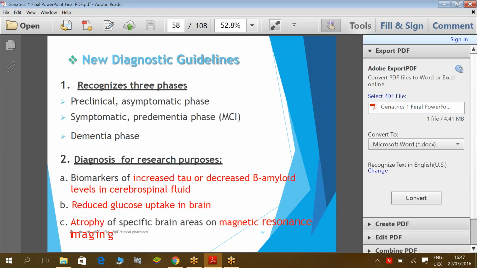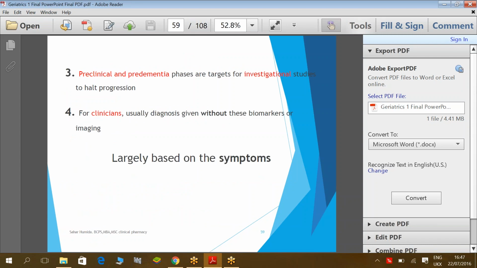This includes the biomarkers of increased tau and decreased beta amyloid level in the cerebrospinal fluid. What are these? These are diagnoses based on the protein content of the cerebrospinal fluid. There is another theory that dementia occurs due to reduced glucose uptake in the brain. Okay, these are just diagnostics for research purposes.